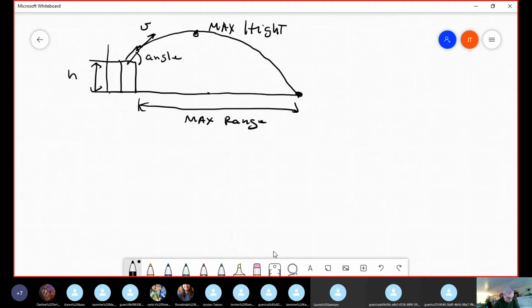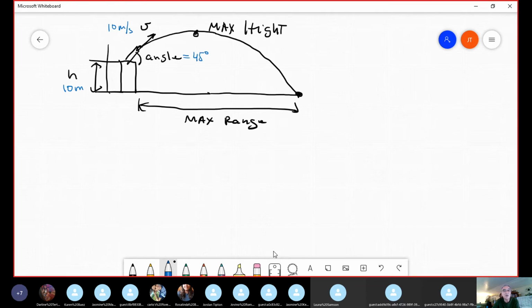In this problem, specifically, the height is 10 meters. The velocity is 10 meters per second. The angle is 45 degrees.